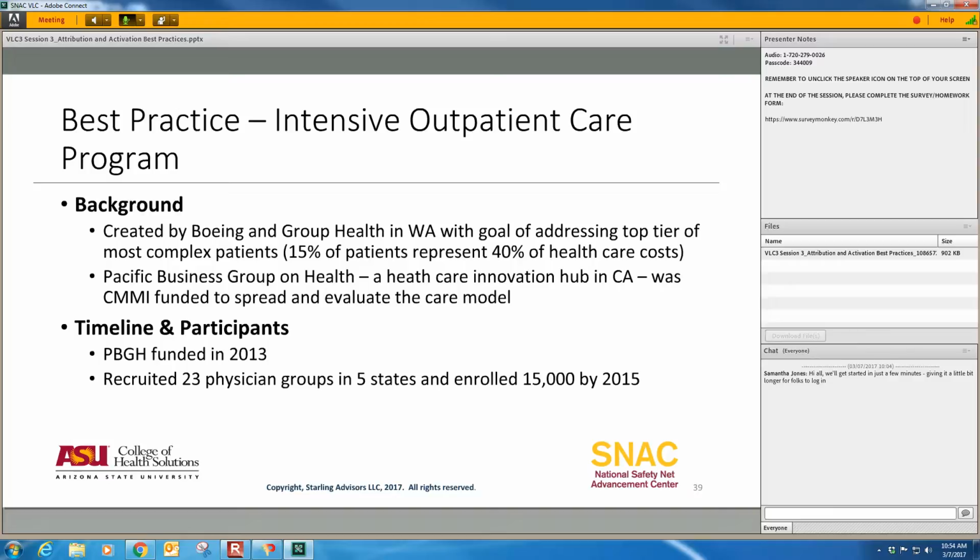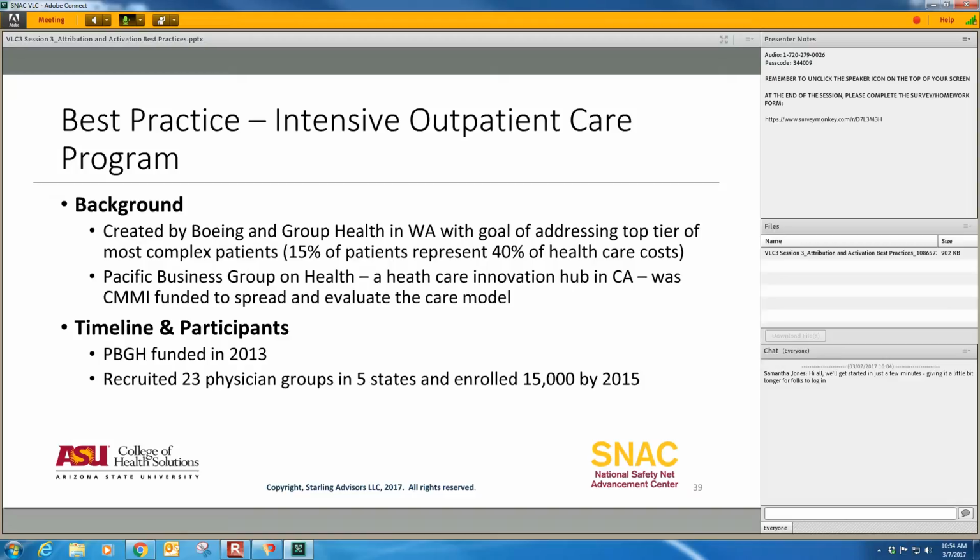This program was created by Boeing and Group Health in Washington. It was a high-risk program intended to target their most complex patients. They saw that 15% of their patients represented almost half of their healthcare costs, and built up this care management program as a way to address that and reduce those costs.